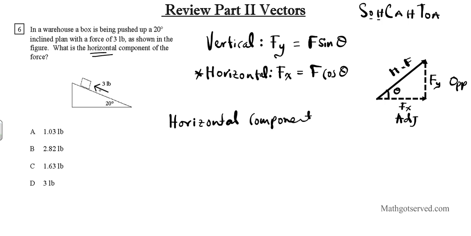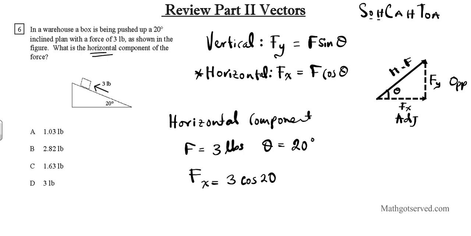In this case, we can clearly see that F is equal to 3 pounds, and theta, the angle of the force from the horizontal, is 20 degrees. So the horizontal component, F sub x, is equal to 3 cosine 20 degrees. We just plug that into our calculator.